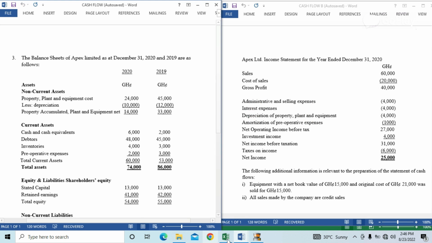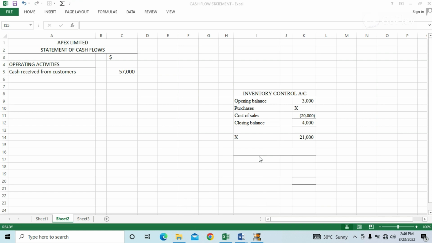So we will move back to our Excel to examine how much was paid for the inventory. So we will prepare what we call creditors control account.